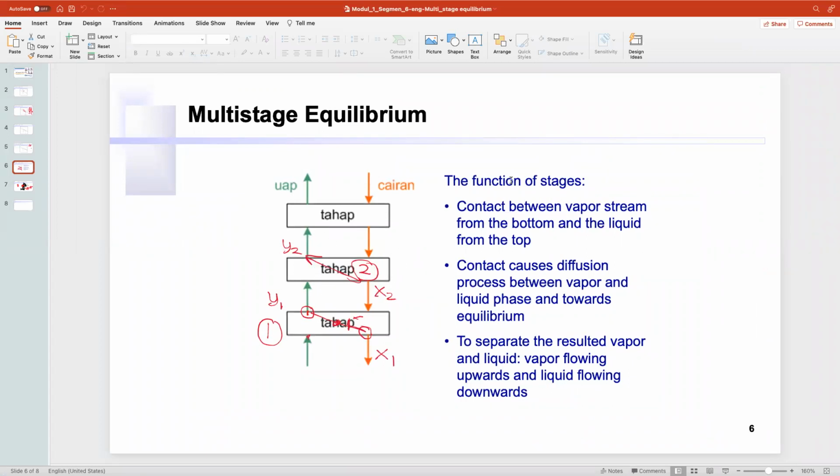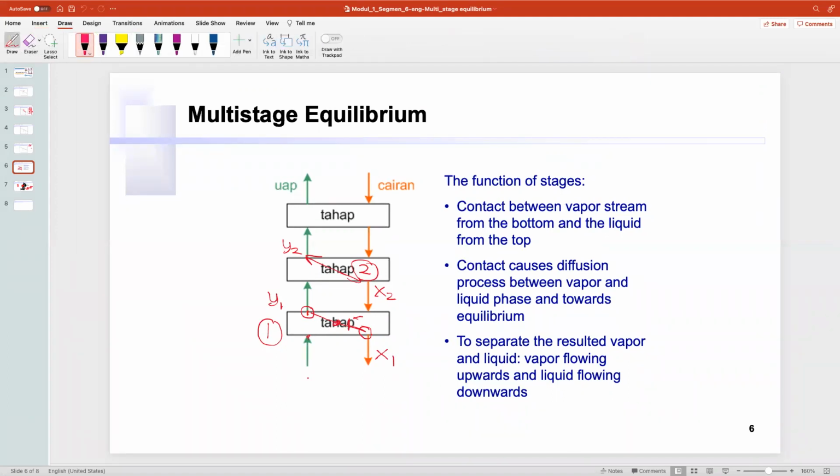The function of a stage is first the contact between the vapor stream from the bottom and the liquid stream from the top. So this is the contact between the vapor stream from the bottom, which is yn plus 1, that we just discussed, and the liquid from the top, which is xn minus 1.